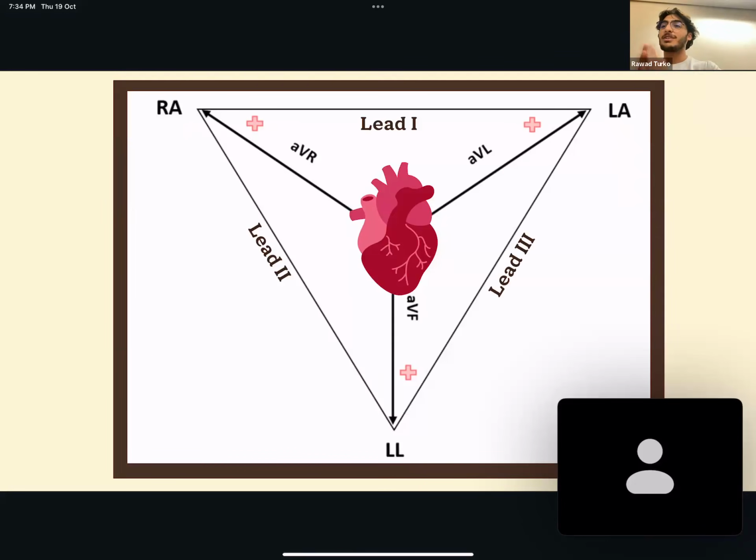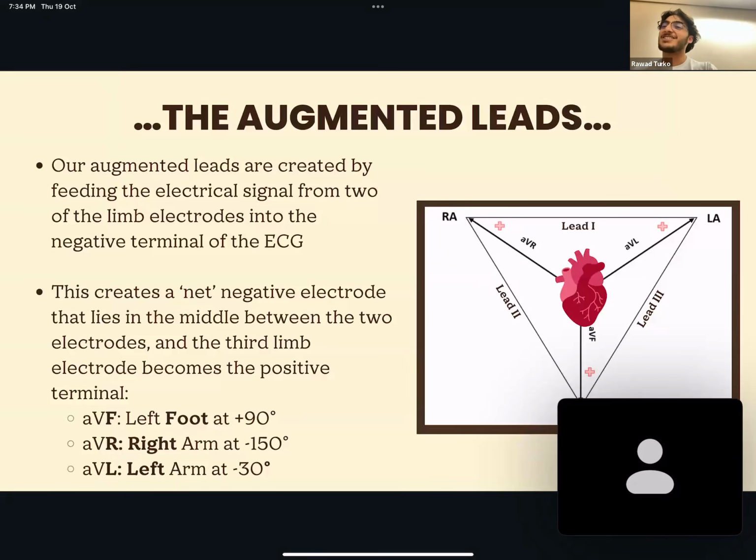Perfect. So this is the full image. We have lead 1, lead 2, lead 3 making up the Einthoven triangle, and AVR, AVL, and AVF. Okay, now let's actually talk about it. Our augmented leads are created by feeding, as I said, the electrical signal from two of the limb electrodes into the negative terminal of the ECG.